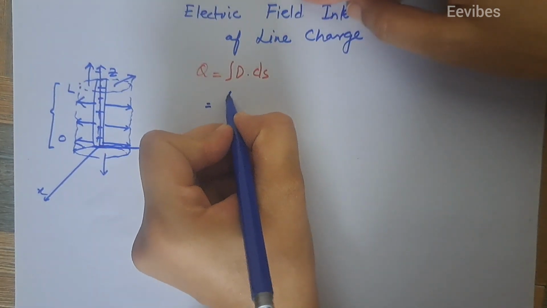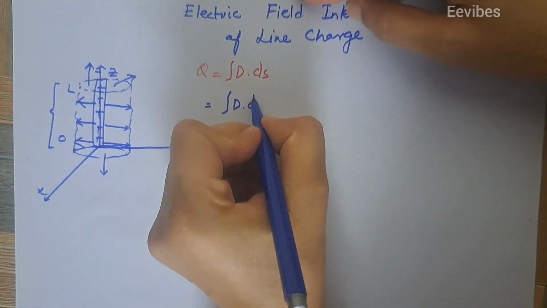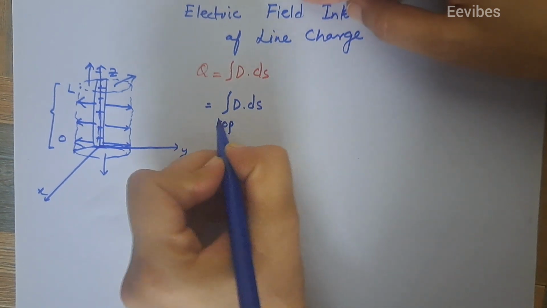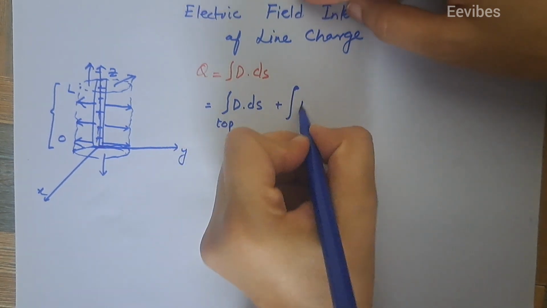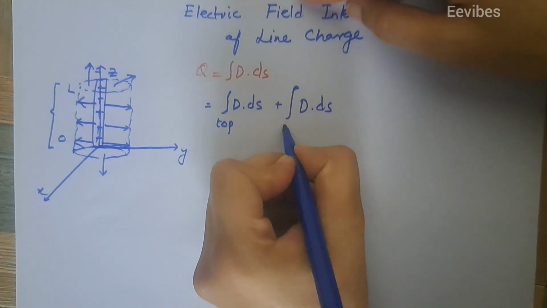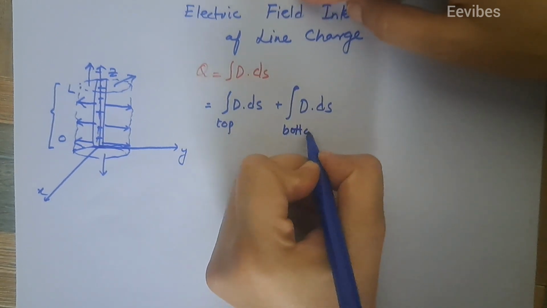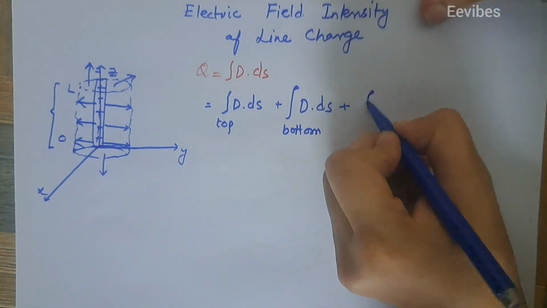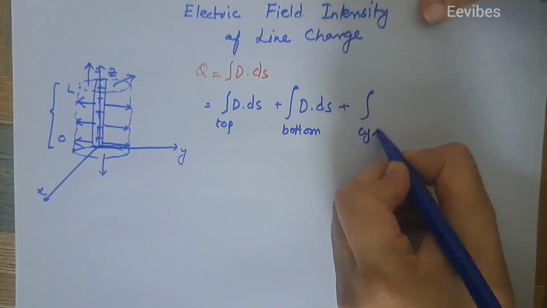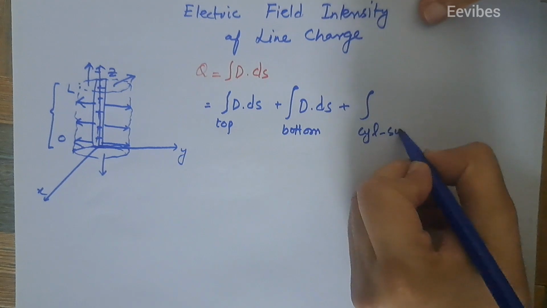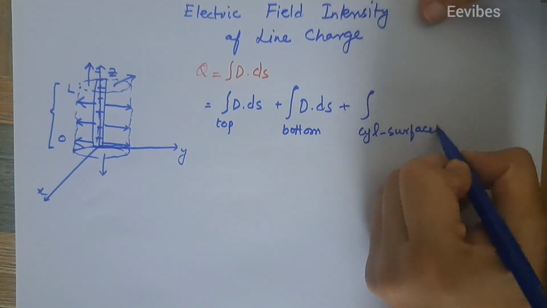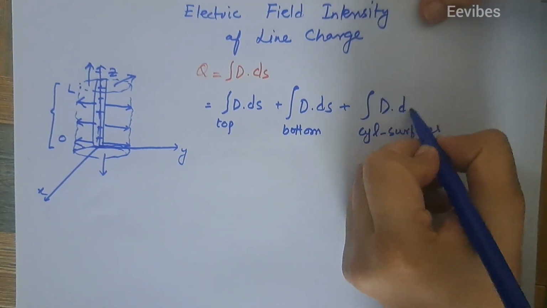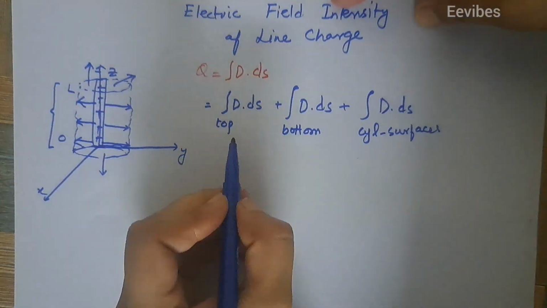Since three surfaces are involved, I can split the integration into the top, the bottom, and finally the cylindrical surface. So the expression is D dot dS, D dot dS, and D dot dS.